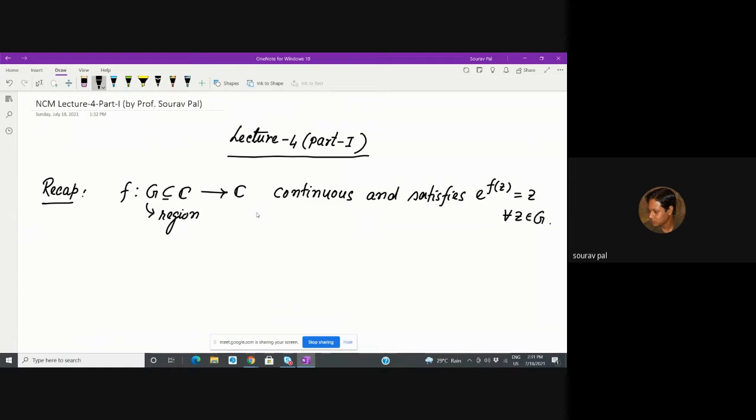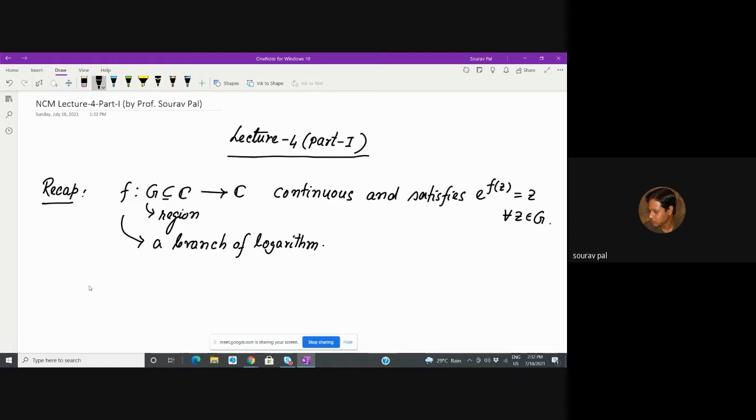Okay, so this is what is called a branch of the logarithm. So that is how we have defined it.